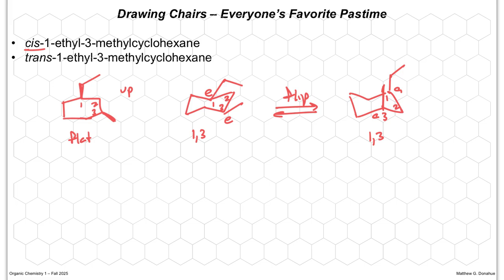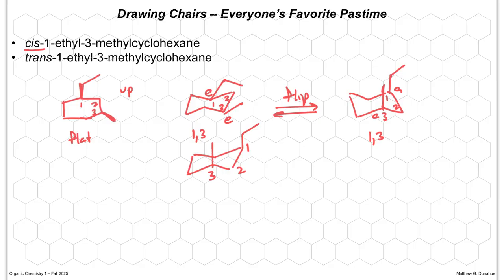So for example, if I said this was 1, then 2, then 3, so carbon 1 is up. So the up bond here is axial. Then carbon 3 is up, so that up bond is also axial.